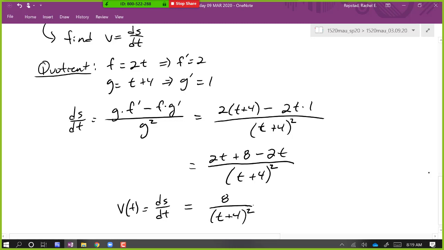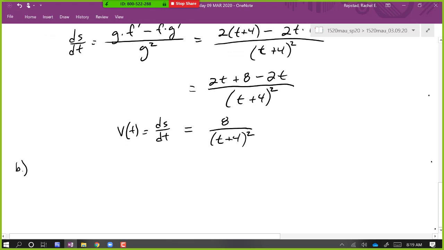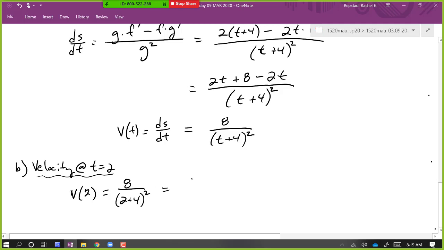That's part A. In part B, they say find the velocity at 2 seconds. So we've already done the hard work. In part B, we're just going to evaluate it when t is equal to 2. Six squared is 36, and that reduces.